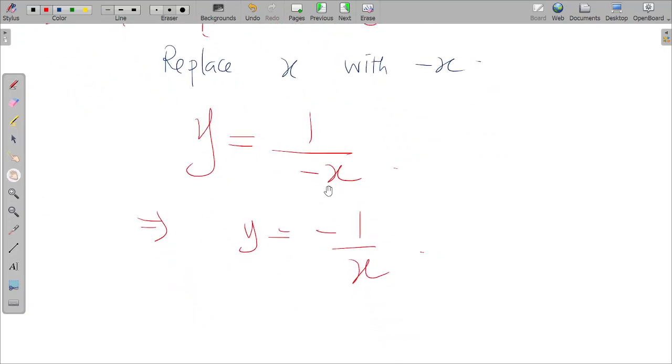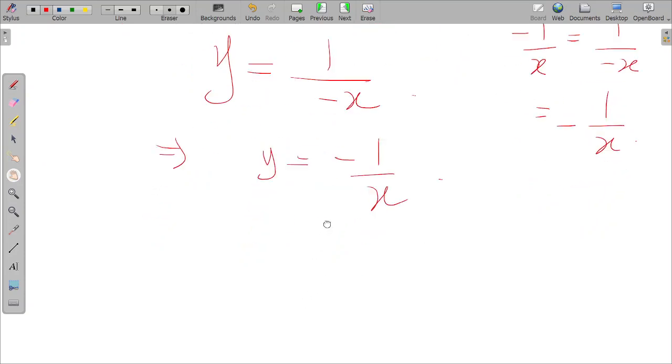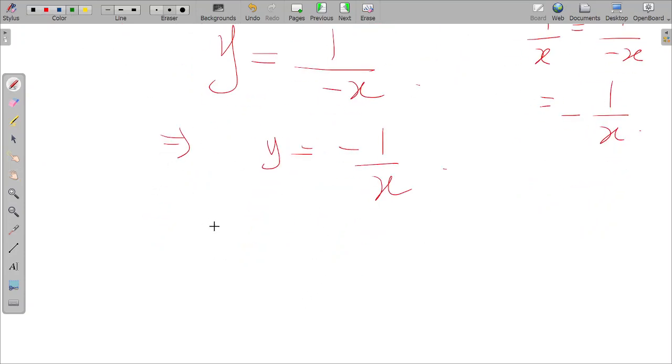Negative at the denominator is the same thing as negative at the numerator, and even the same as negative in the middle. So 1 over minus x is still the same thing as minus 1 over x. So there is no symmetry about the y-axis.